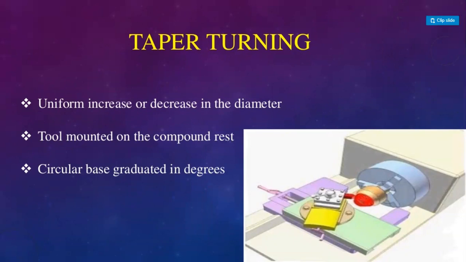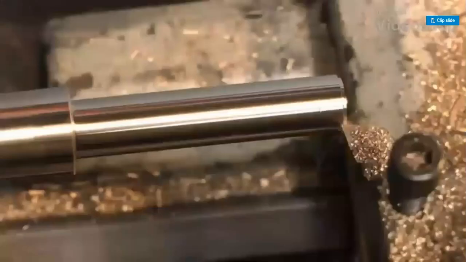The tool is mounted on the compound rest, and the angle is set gradually in degrees. We have to set the tool in the tool post in terms of degrees. Next, this is the actual picture of a turning operation. We can see in this picture the job is held in the chuck, and the cutting tool is held in the tool post.